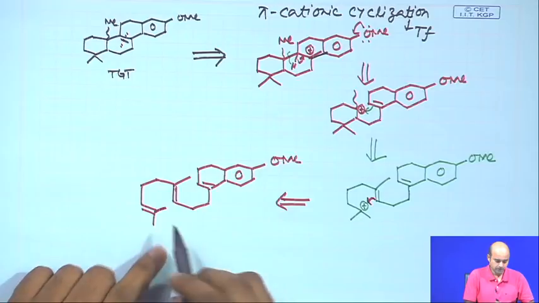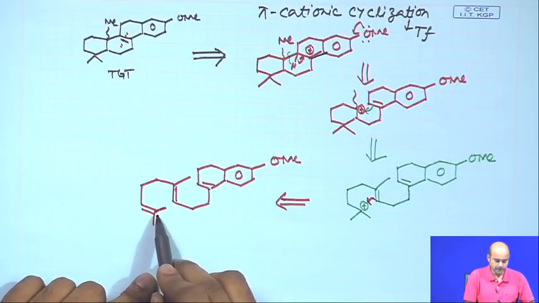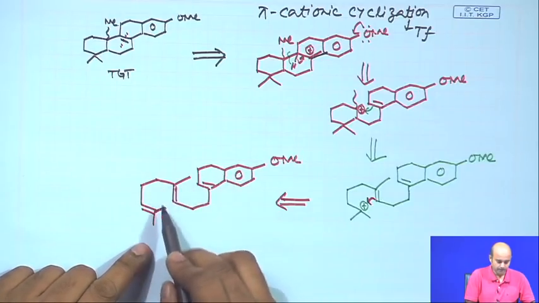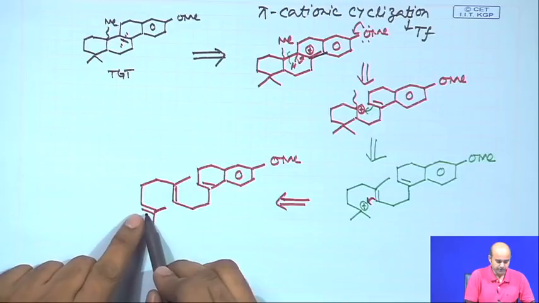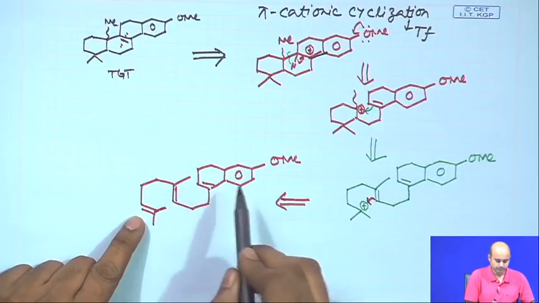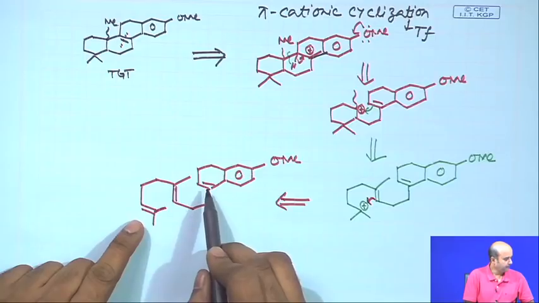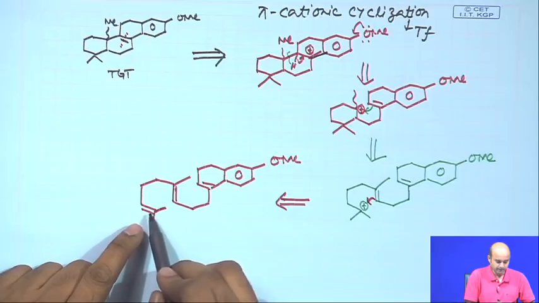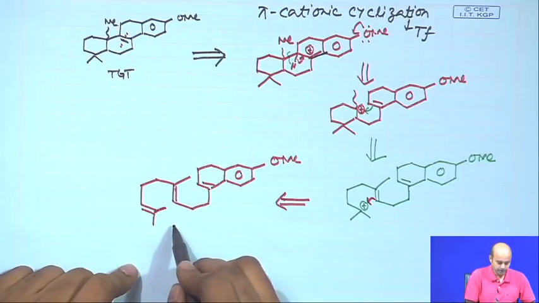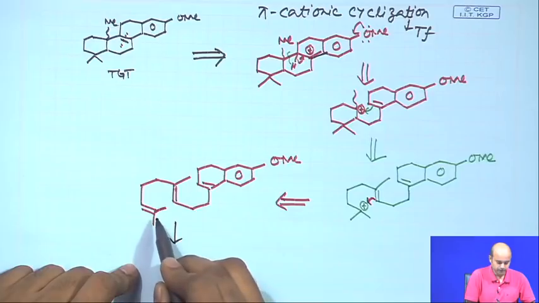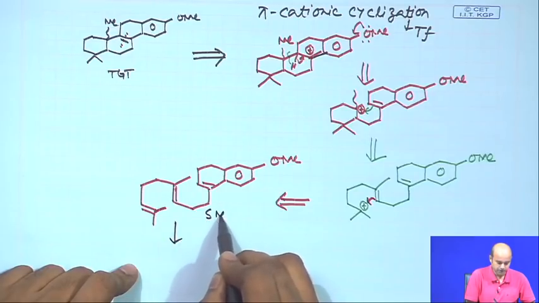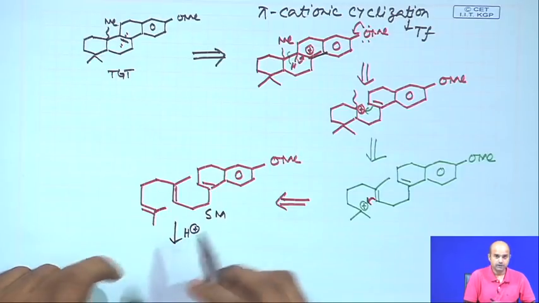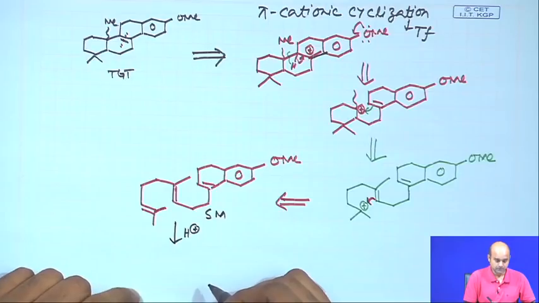Now, this cyclization is pretty important. Eventually, you have this compound where 3 different pi bonds are positionally situated in such a way that they are in close proximity to the carbocation. If this is the starting precursor, you just subject it to H plus, the standard way you do a Markovnikov reaction.